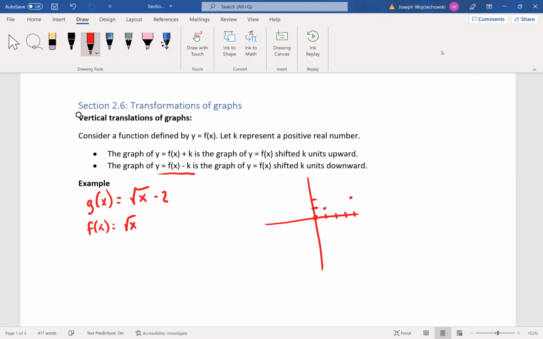And we're looking at a shape something like this. Now we want to move that down 2. So go down 2 here, down 2 here, and down 2 here. And that is it. So this was f of x, and this is g of x.